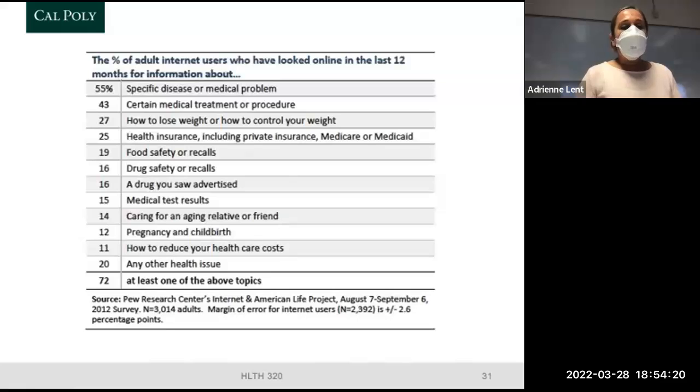The next one was how to lose weight or control your weight, not surprising. The next one down makes me laugh a little bit, but health insurance, right? It's so darn confusing, so of course we have to go online to try and figure out how to use our health insurance if we have it, or how to sign up for it if we don't. But these are the common things that people are searching for online related to their health.